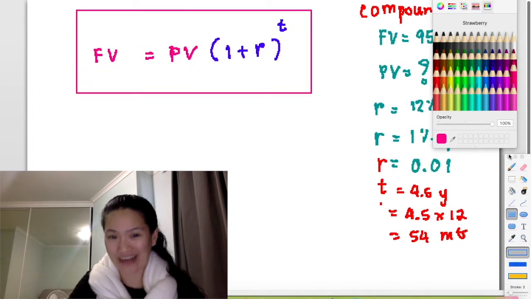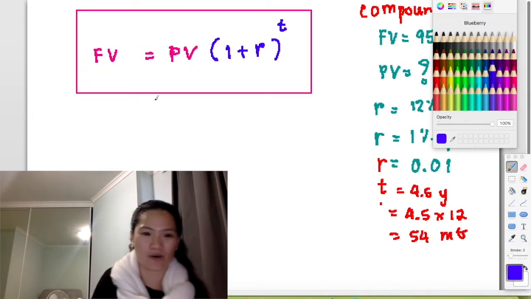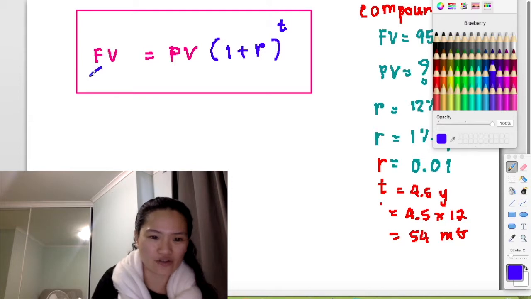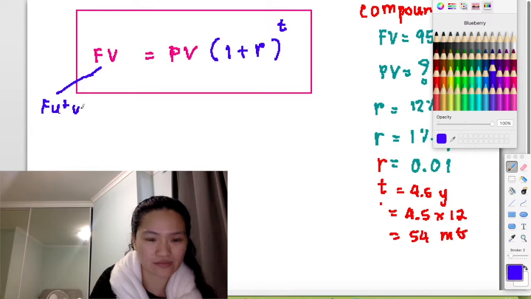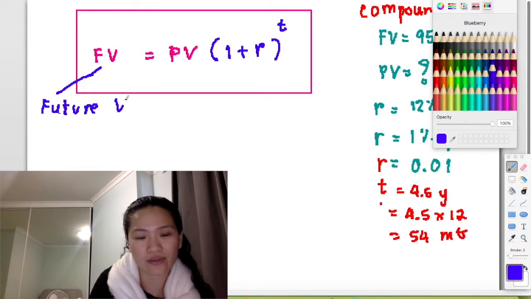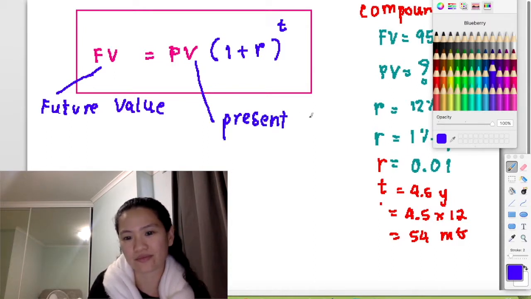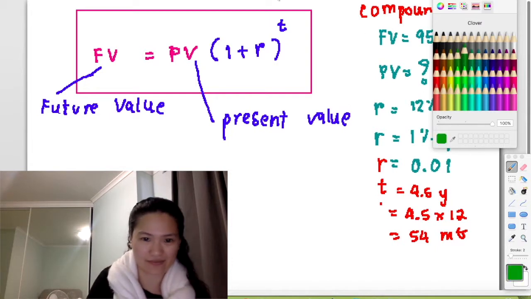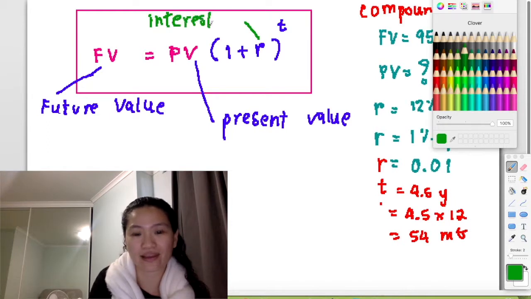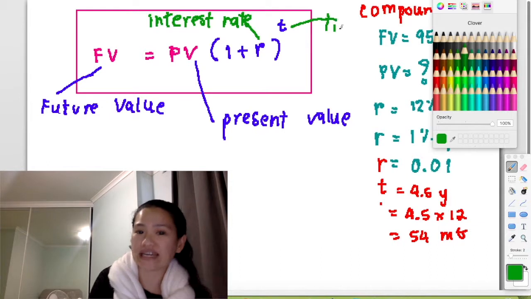First, you have to understand that FV comes from future value. PV, present value. R comes from interest rate. T is time.